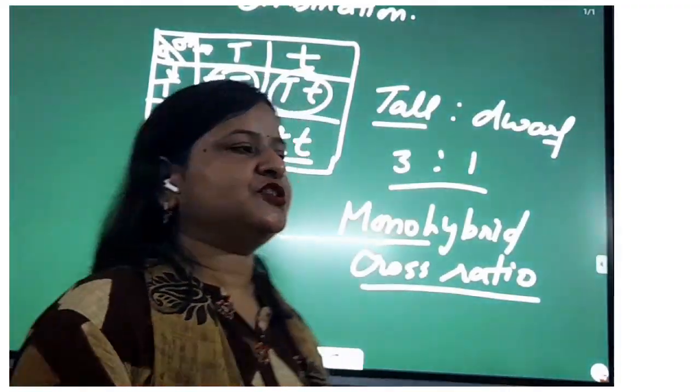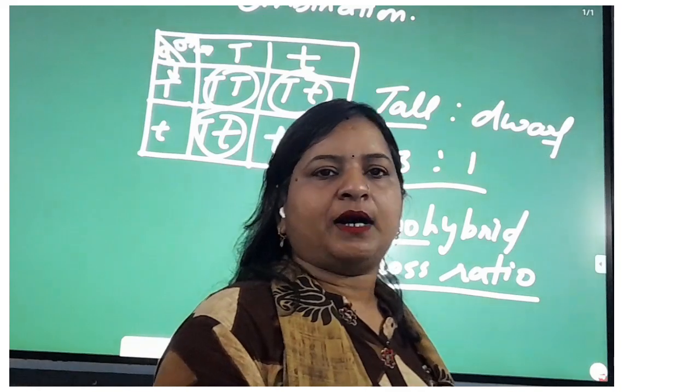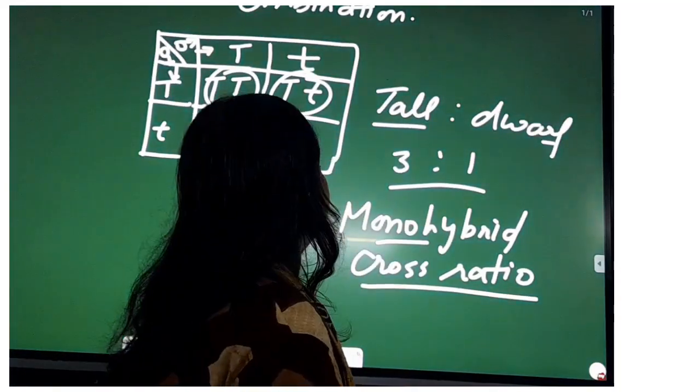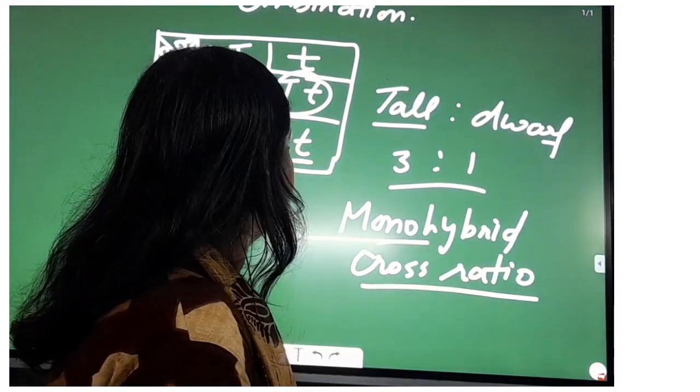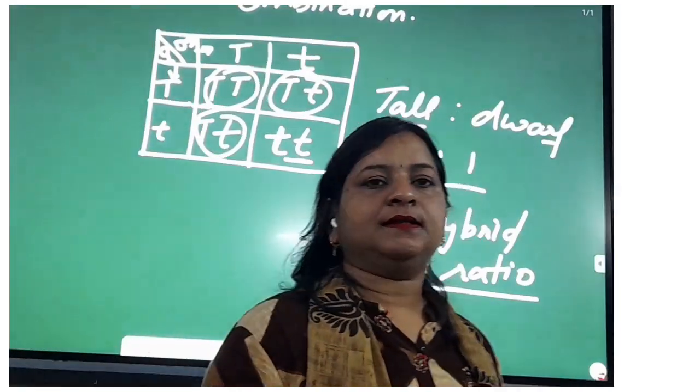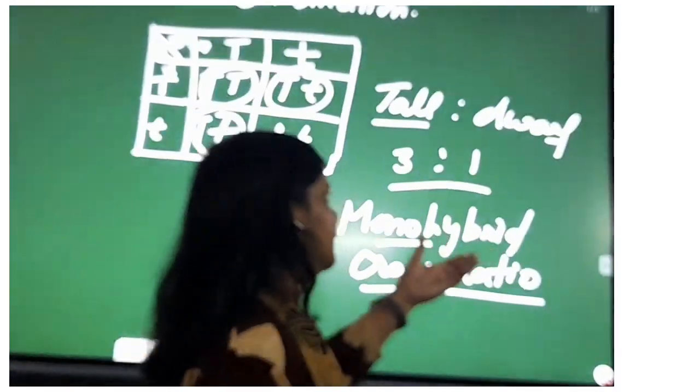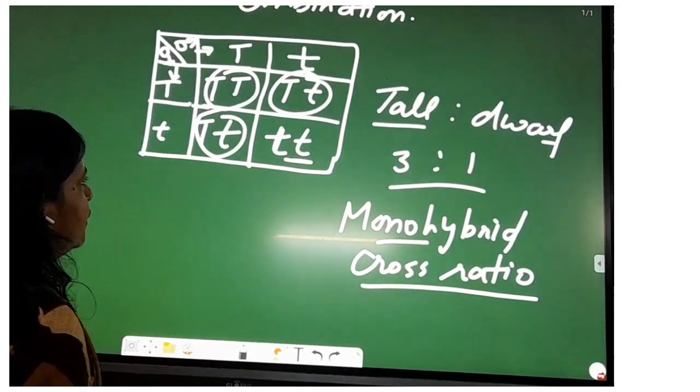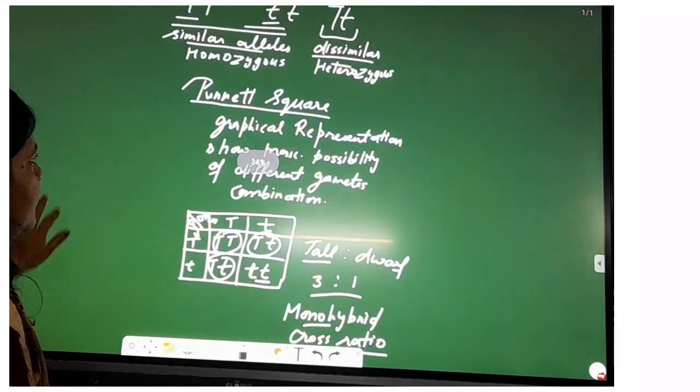So here is a representation of the Mendel experiment by taking one trait only, and from here we obtained the monohybrid cross ratio 3:1. You can conclude it here.